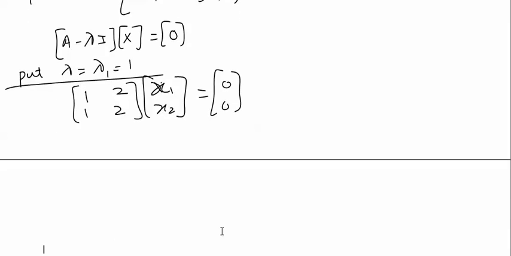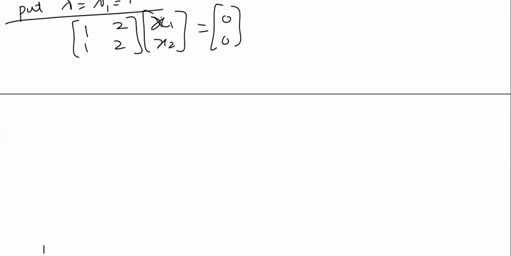When you solve this, you get x1 plus 2x2 equal to 0, and similarly x1 plus 2x2 equal to 0. The same equation you will be getting.